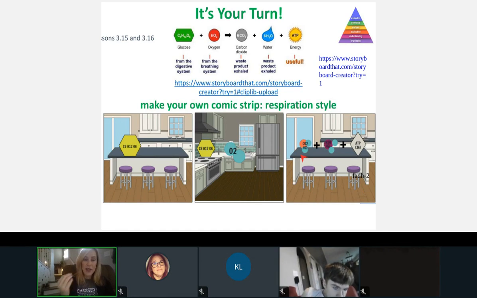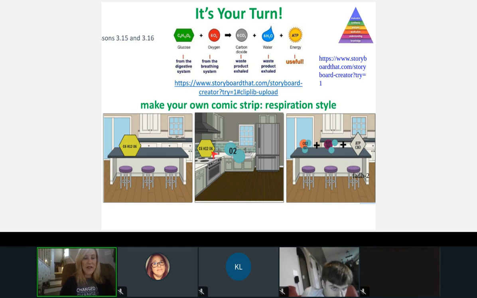Now, I personally just took the formula input output right here, to basically say, oh, okay, so we have glucose. We start on the island. So I kind of compared the island of our kitchen to the cytoplasm, and that's where you kind of gather your ingredients. Then I took it over to where the sink is to add some O2, in the cooktop.